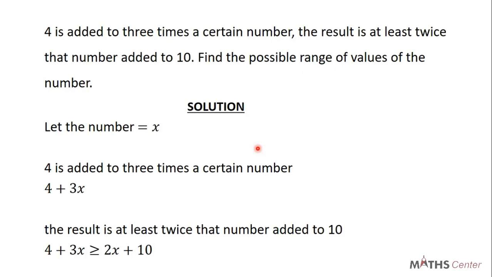That number is x, so greater than or equal to 2x plus 10. So we have 4 plus 3x greater than or equal to 2x plus 10. We now have our inequality.